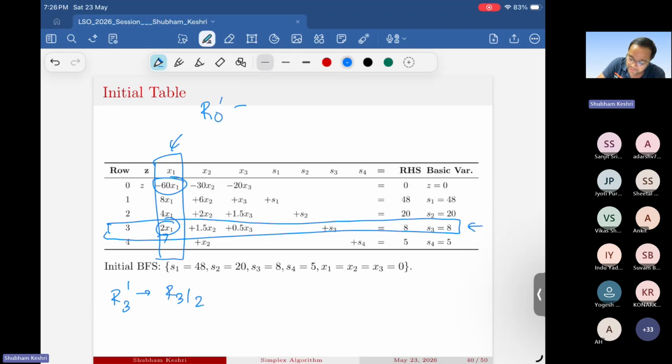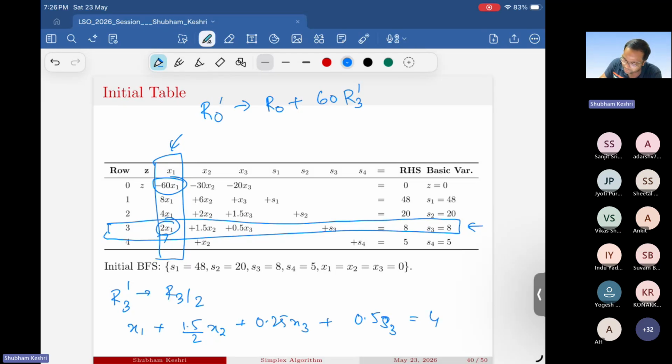So for row 0 dashed, it will become row 0 plus 60 times row 3 dashed. So what is row 3 dashed? It is x1 plus 1.5 by 2 x2 plus 0.25 x3 plus 0.5 s3 is equal to 4. So this is row 3 dashed, right?